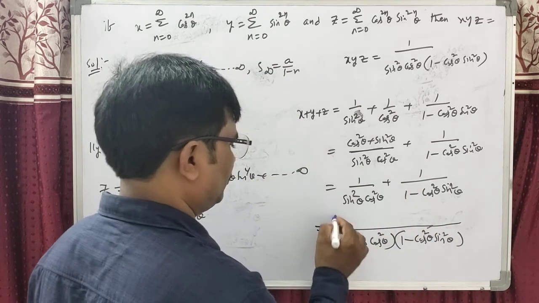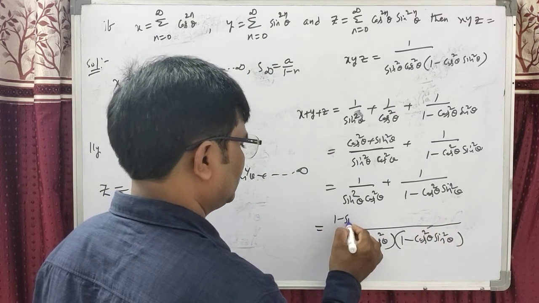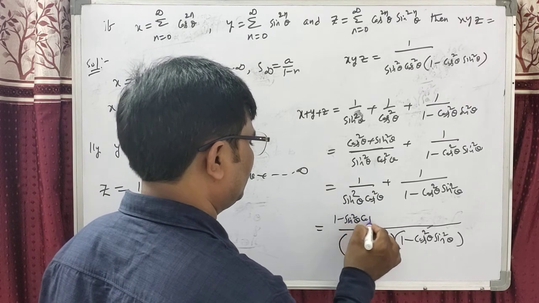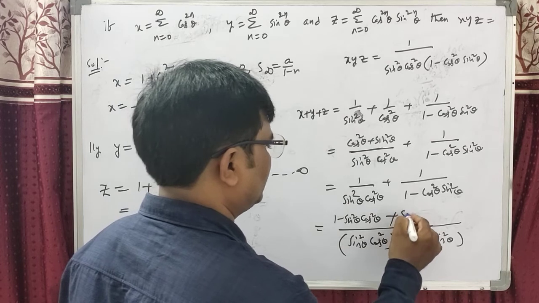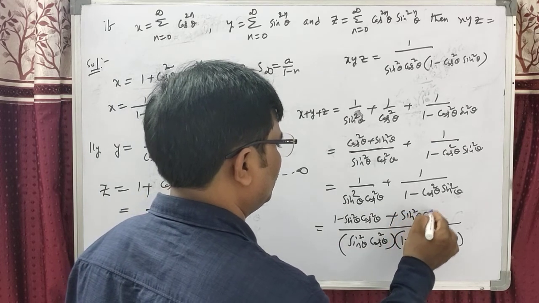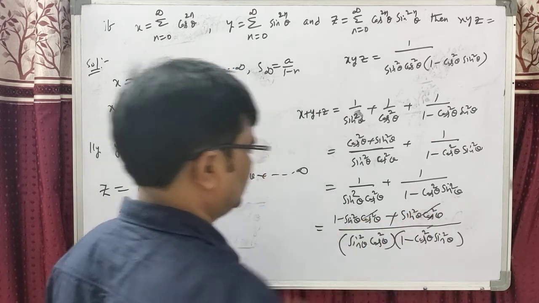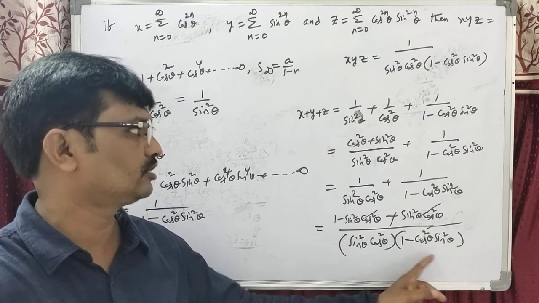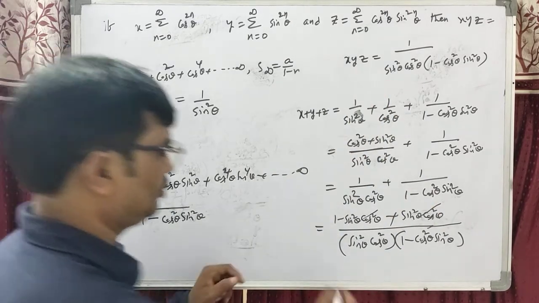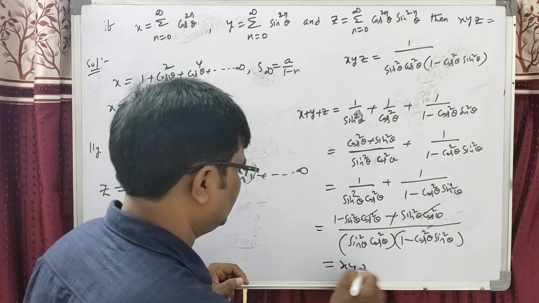This is multiplied by 1 minus sin square theta cos square theta. Now these two are cancelled. What we get, students, is 1 by sin square cos square into 1 minus cos square sin square, which is equal to xyz.